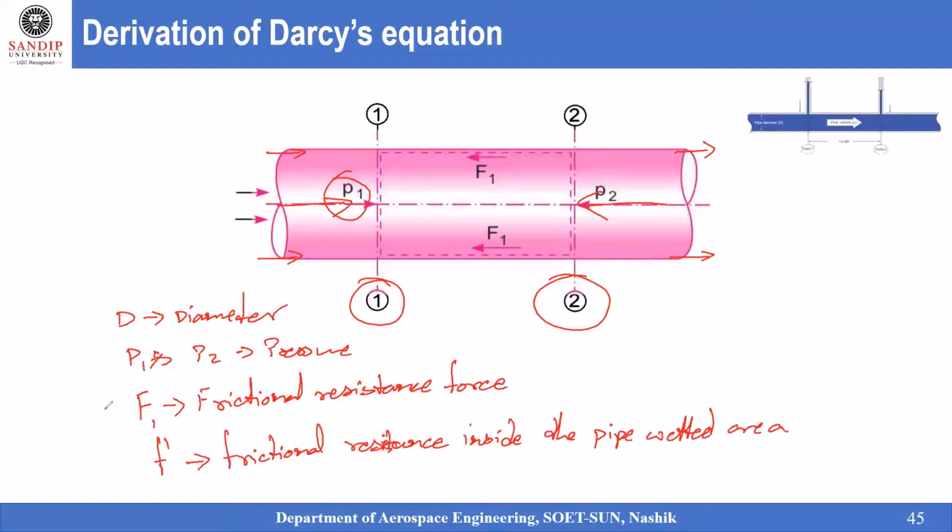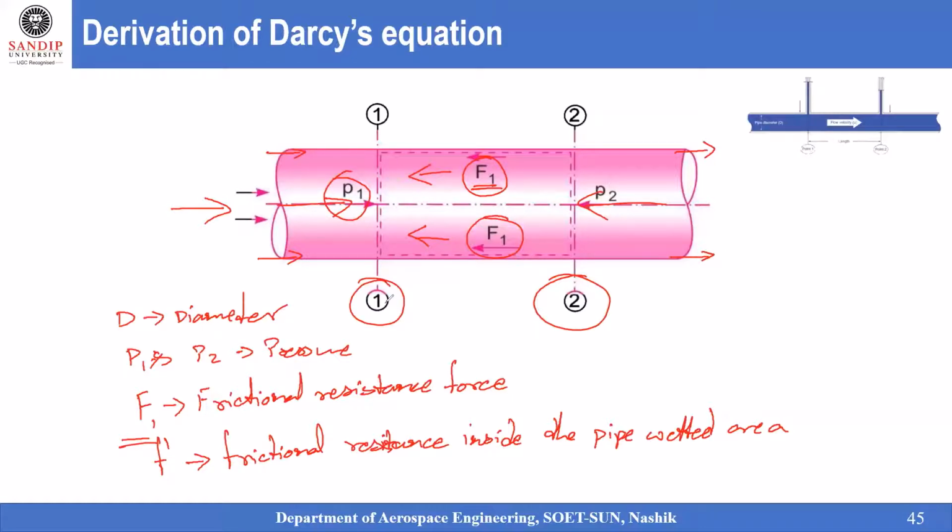Here F1 is represented, and with respect to the fluid flow, this resistance offers a force in the opposite direction. So we call it the frictional resistance force.